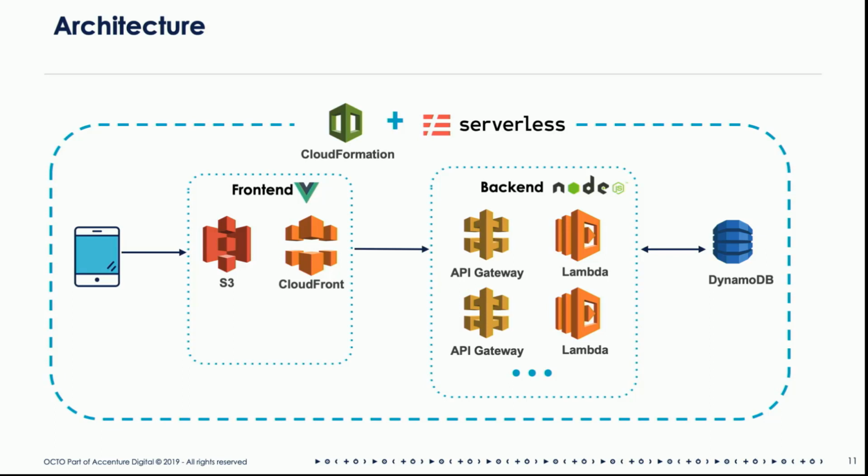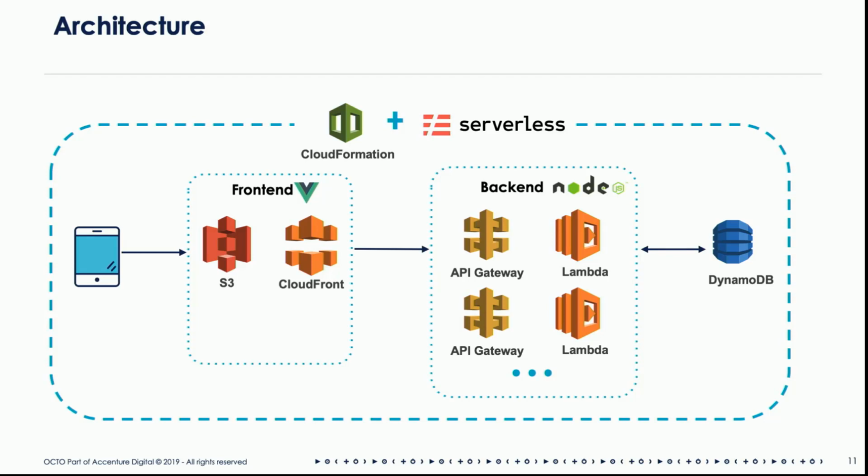For the front end, we chose Vue.js, and for the back end, we chose Node.js because it was quite fast to move ahead, very simple. CloudFront helps you make your website available globally. It helps with the distribution and also provides SSL security on top of it.